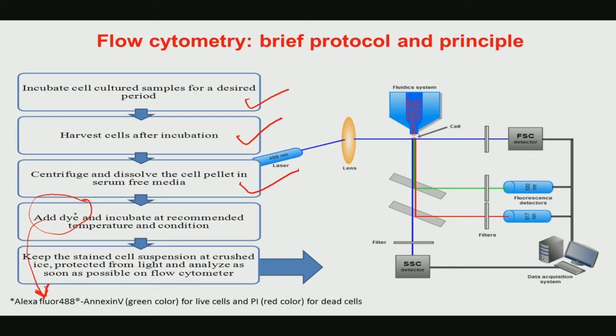For example, if you want to quantify apoptosis, necrosis or cell viability, then you use Alexa Fluor 488, that is the annexin green color, or propidium iodide for the dead cells. Then after you add the dye, you again have to incubate for the recommended conditions, and then keep the cell suspension in crushed ice, and then directly add it to the fluorescent flow cytometer.